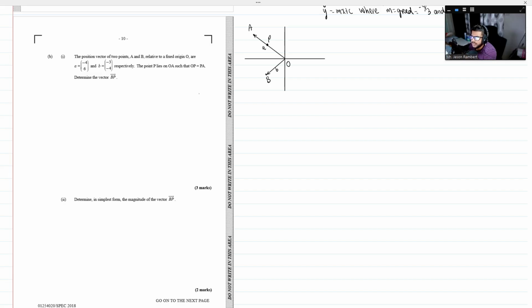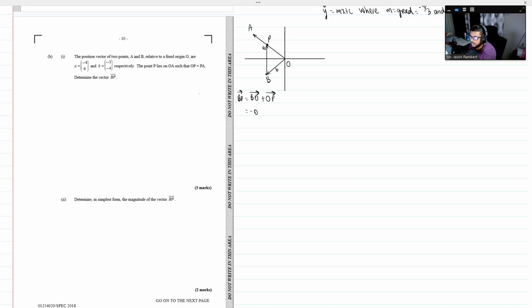Determine the vector BP. So I want this vector BP. BP is equal to B something plus something P. And the only letter I have common in B and P is O. So BO plus OP.